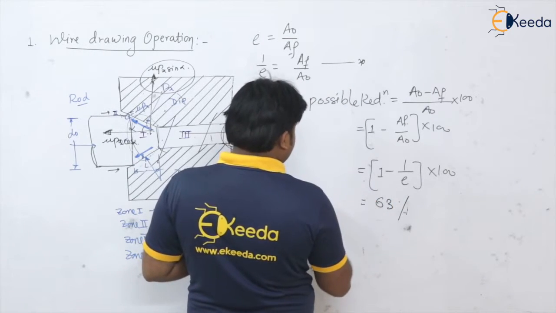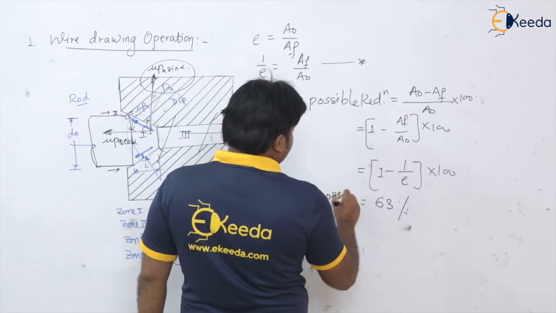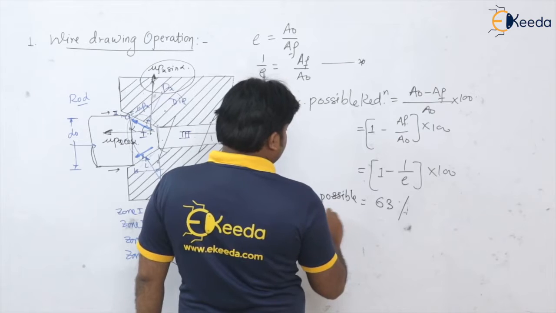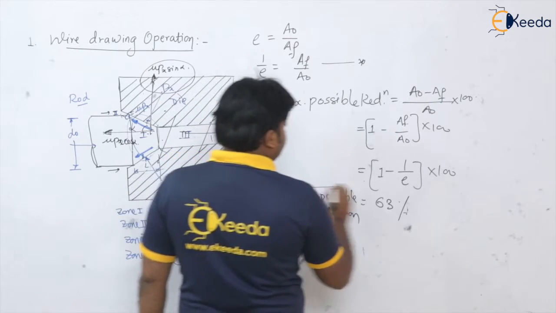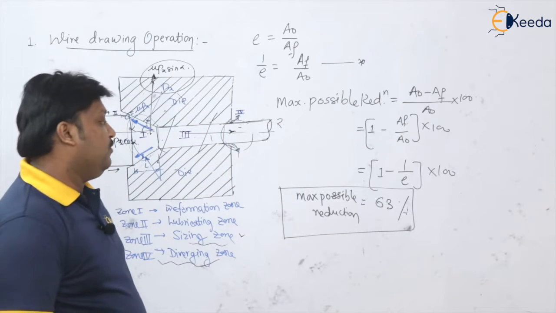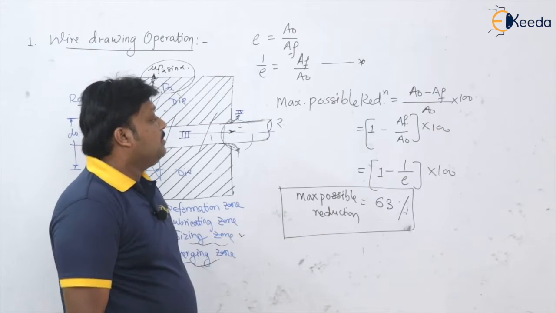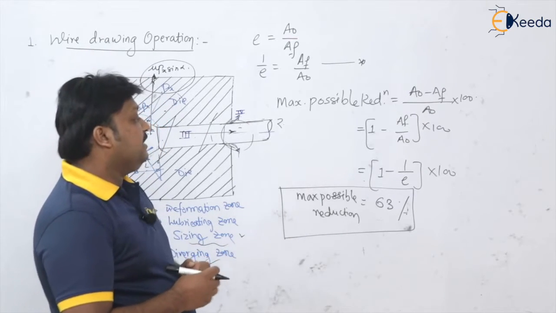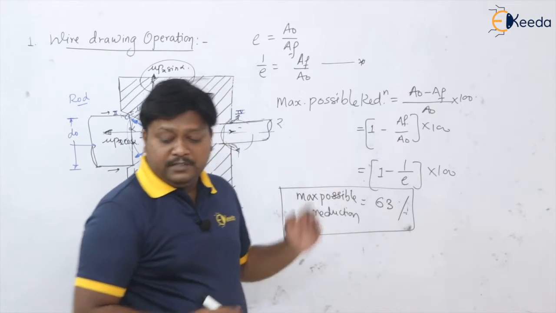So if you solve this, you will get the maximum possible reduction in the wire drawing operation. For which case? For the ideal case of deformation, you will get the maximum possible reduction up to 63%. Please remember.